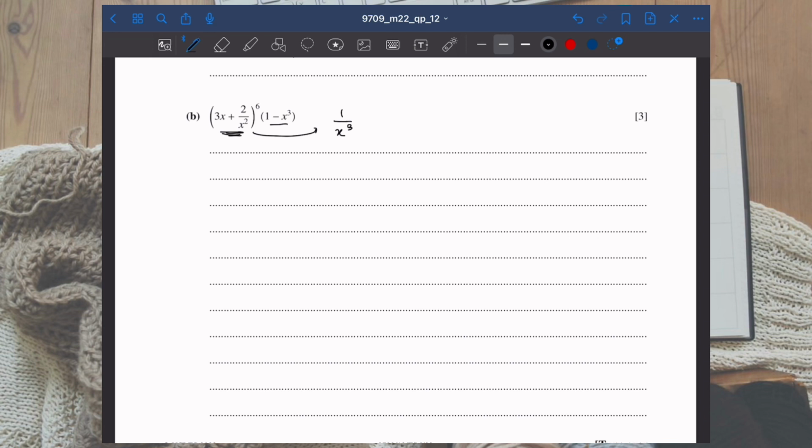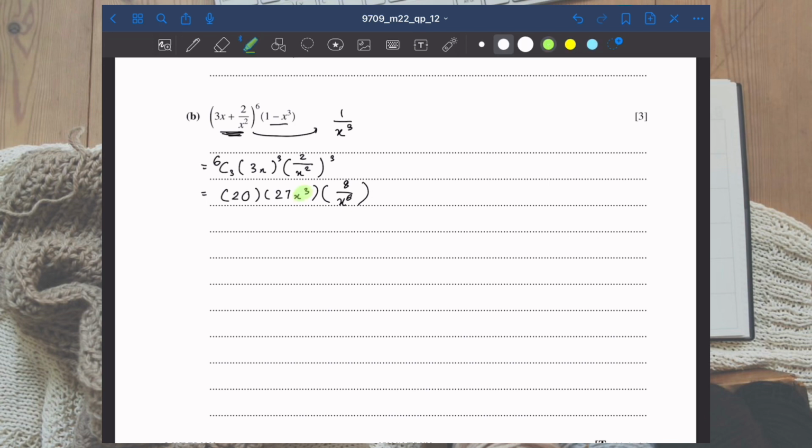Okay, so we can do trial and error to find a term that will have 1 over x³. So I'll take a guess. Let's try (3x)^3 times (2/x²)^3. So in front here will be 6c3, which is 20. (3x)^3 will be 27x^3. And (2/x²)^3 will be 8 over x^6.